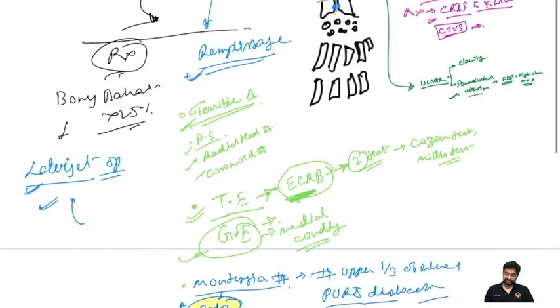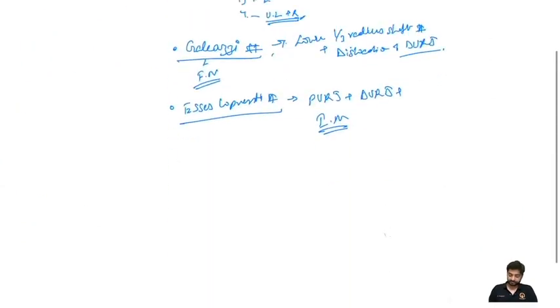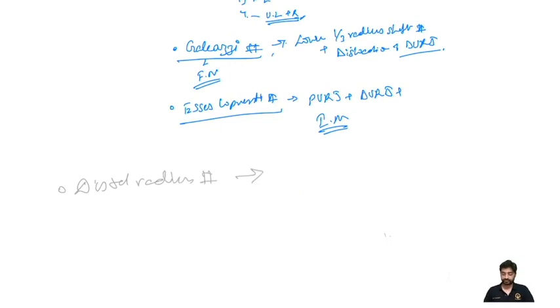In distal radius fracture, a few terminologies are used, like Colles fracture, Smith fracture, Barton fracture, Chauffeur's fracture.